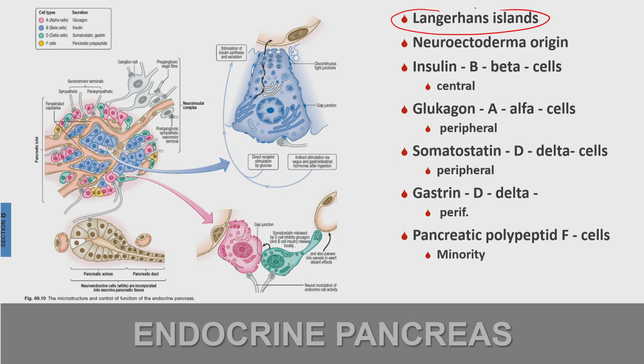Those Langerhans islands contain neuroendocrine, so neural crest originating cells, which are producing hormones. For you hopefully very well known insulin, and probably now gastrin, and following others. Those two are the most important, insulin and gastrin.